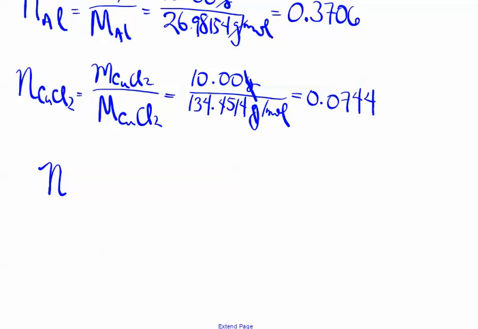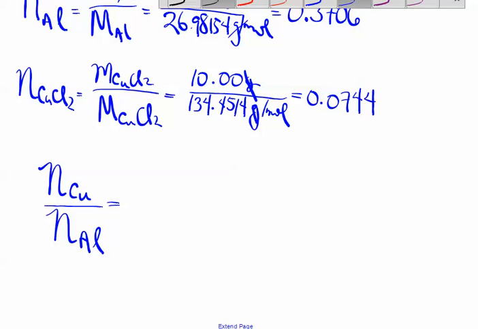All right? So N of copper, that's the number of coppers that we're going to produce, based on aluminum equals, and then we use our ideal up here, Cu.